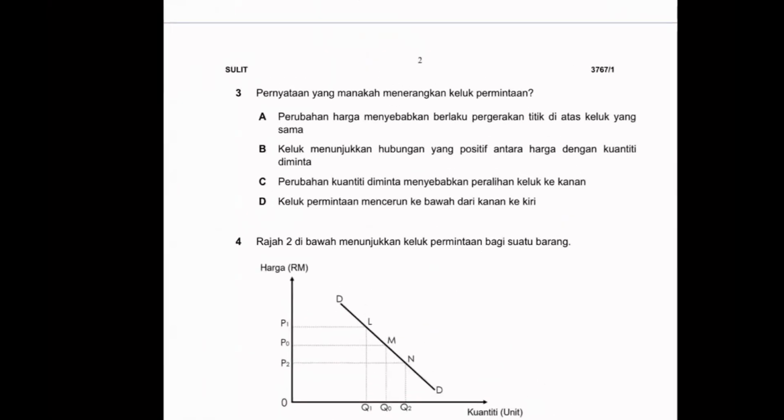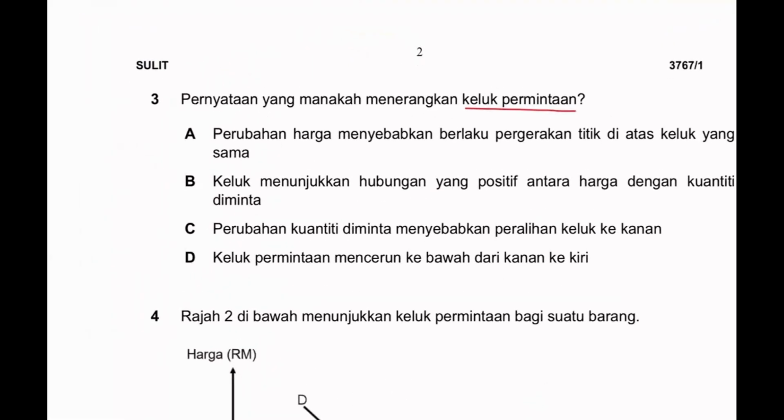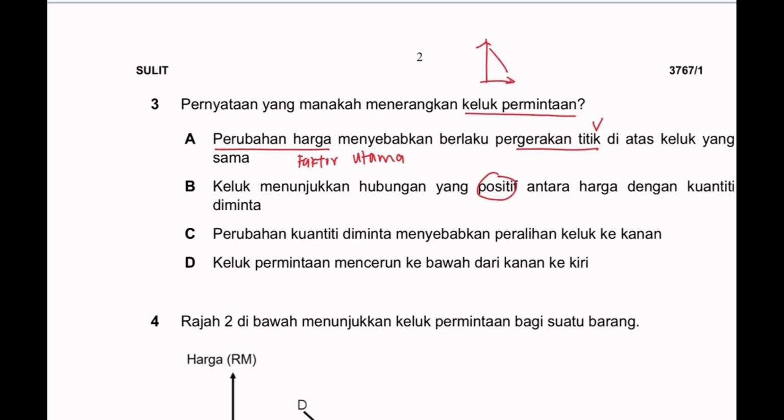Next one. Penyata yang manakah menerangkan keluk permintaan? Which one is related to permintaan? Permintaan means demand. Perubahan harga, the change in price, is the faktor utama pergerakan titik, correct. Keluk menunjuk positif? Is permintaan positive? No. Permintaan is going down, it is negative, because when price increases, quantity reduces.